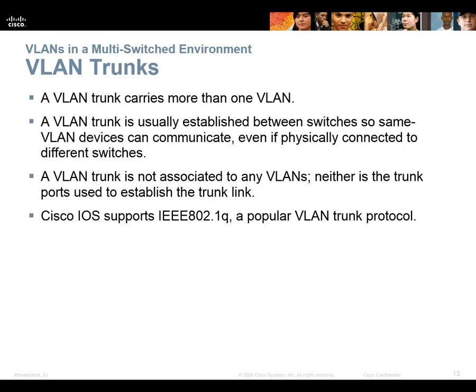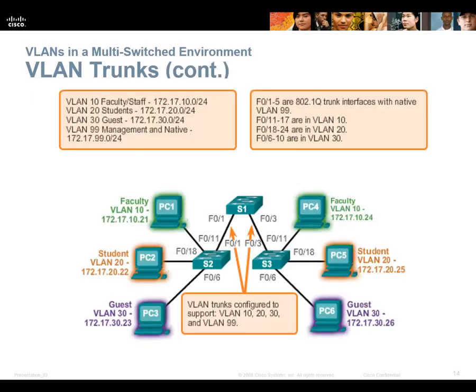With Cisco, they support what is called 802.1q for their trunk protocol. So here we're looking at just a typical setup. I've got 3 switches, and if you notice, they're colored here to show what VLAN they're in.